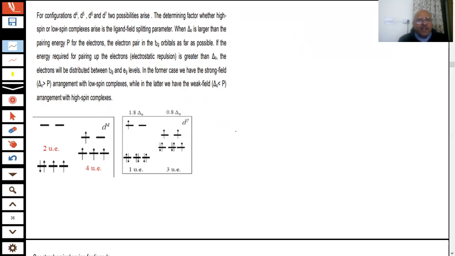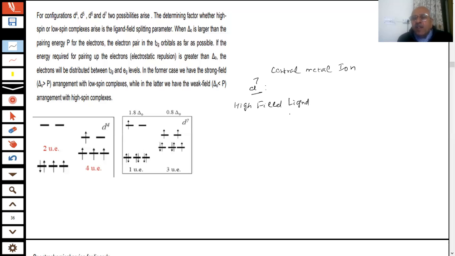For example, you can see, this is our d7. If I have d7 count, student, if there is a central metal ion and there are 7 electrons in the d orbital, supposing I have a high field ligand, then what will happen, students?